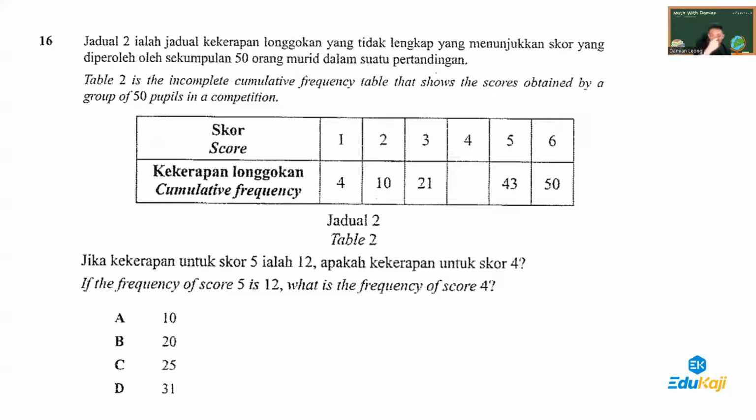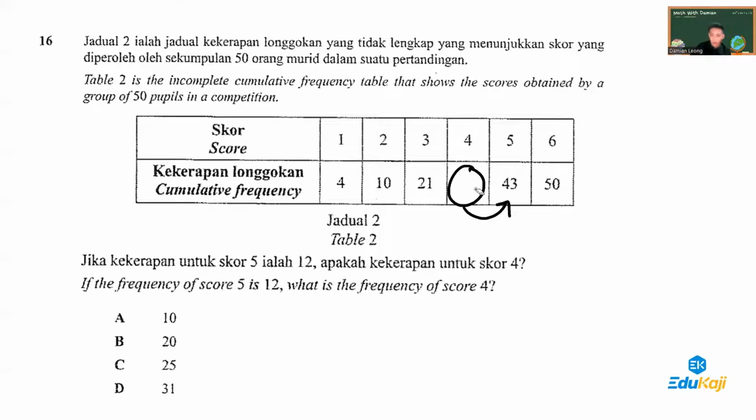Okay. Question 16. I have an incomplete cumulative frequency table showing the scores obtained by a group of 50 pupils in a competition. They say frequency of score 5 is 12. What is the frequency of score 4? Frequency of score 5 is 12, means from the cumulative frequency here to this is 12.